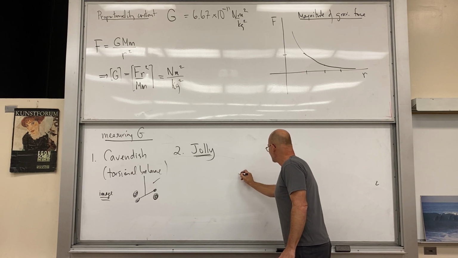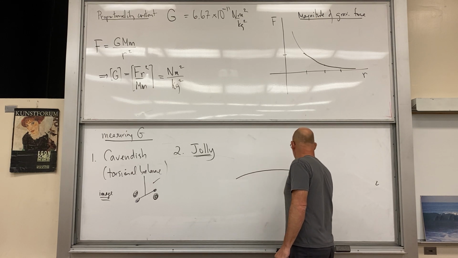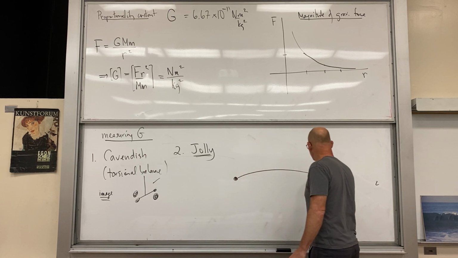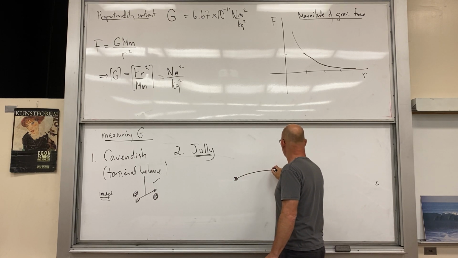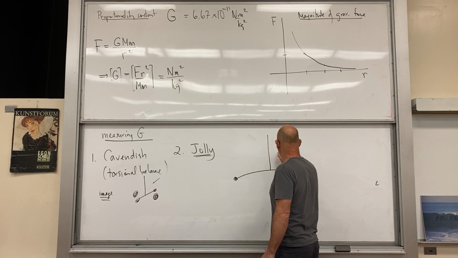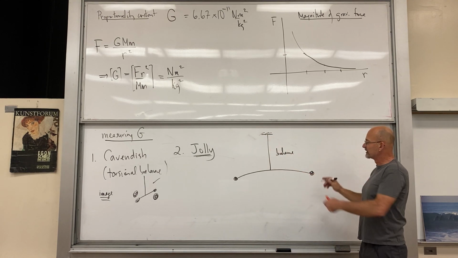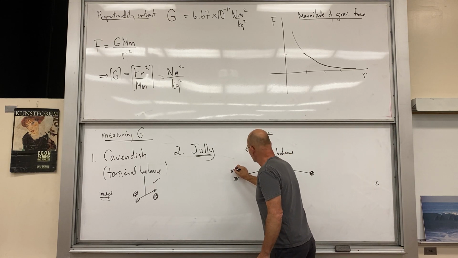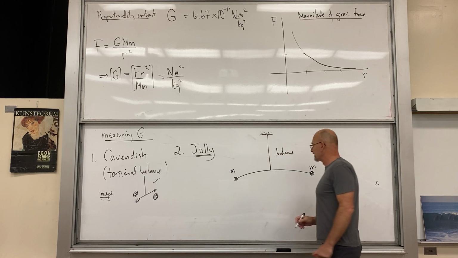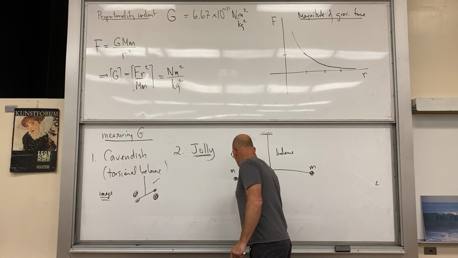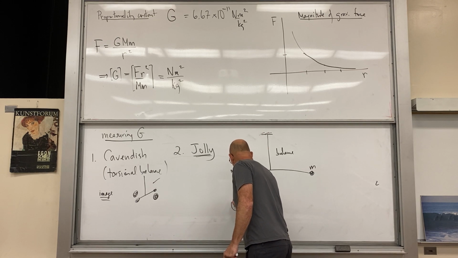And the idea is to have a balance with two masses, two dense masses on the end. And this is just a normal balance here, okay? Imagine we've suspended this here, two masses, lowercase m, lowercase m. So it's balanced. And then what Jolly does is he wheels in a really large mass here.